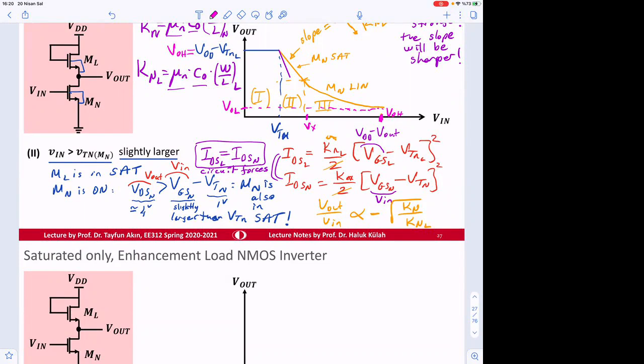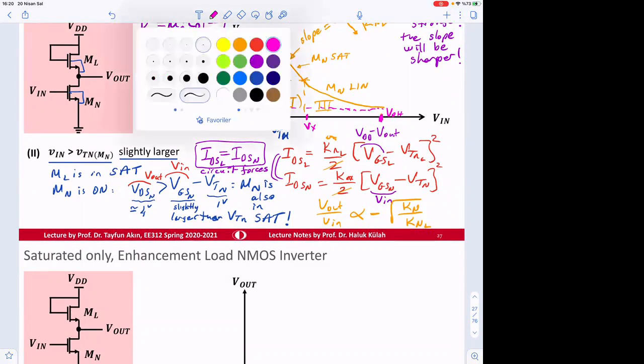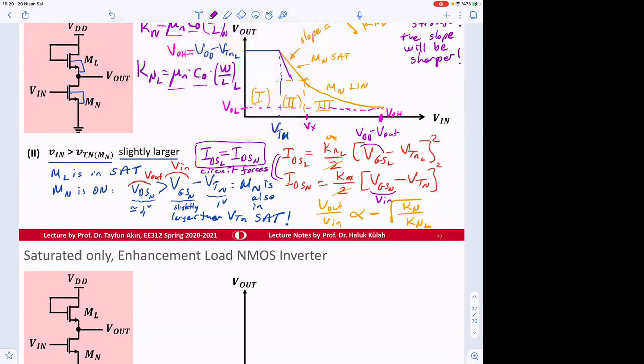So if your transistor is stronger, then this will be, again up to a certain point, Vx is going to be here. I don't know. This is too sharp, I don't like this. I messed up.